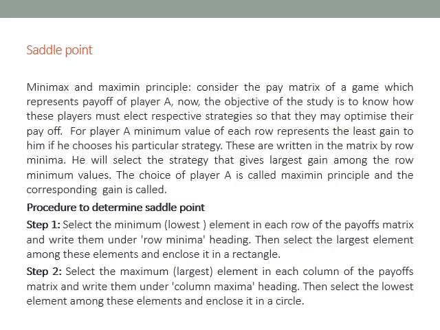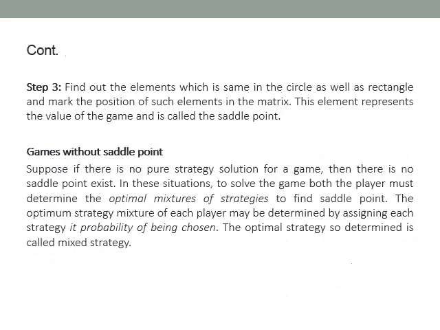Let's go to the third procedure. Step 3: find the element which is the same in the circle as well as the rectangle, and mark the position of such element in the matrix. This element represents the value of the game and is called the saddle point.